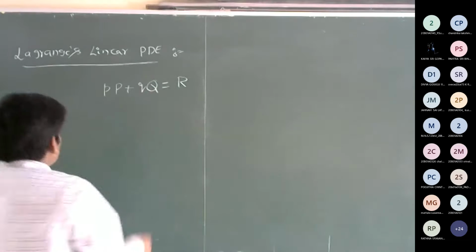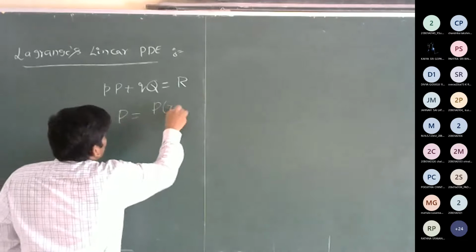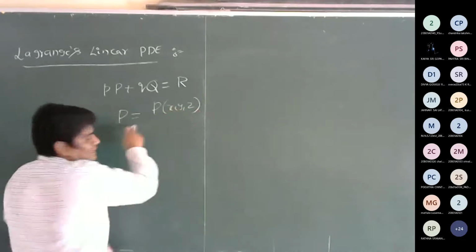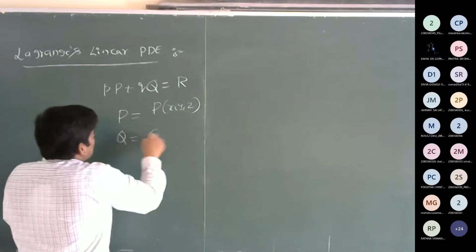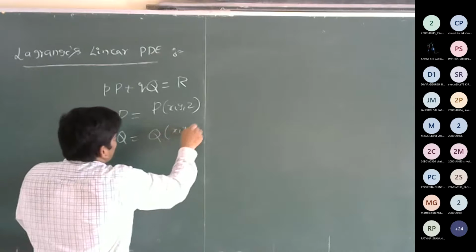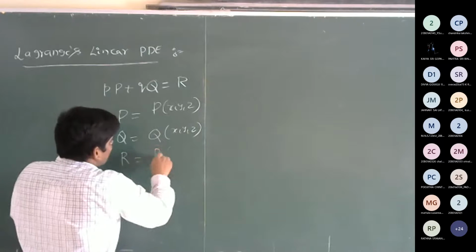That means P may be in the form P of x, y, z. Q is also a function of x, y, z, and R is also a function of x, y, z.